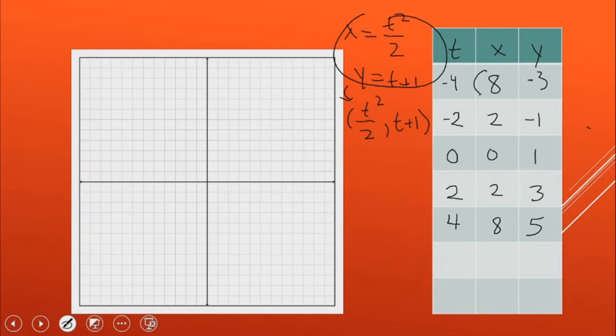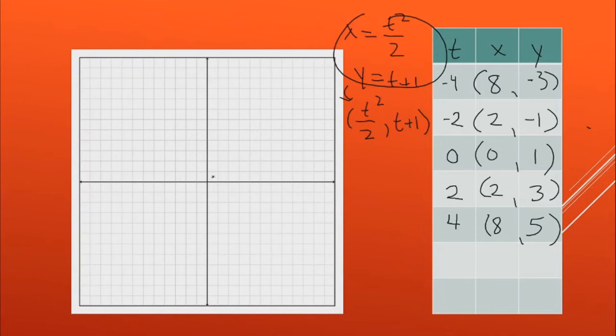So we now plot these points. Our first point is 8, comma -3. So 1, 2, 3, 4, 5, 6, 7, 8, and 1, 2, 3. That's right there. Our second point is 2, comma -1. That's right there. Our next point is 0, comma 1.